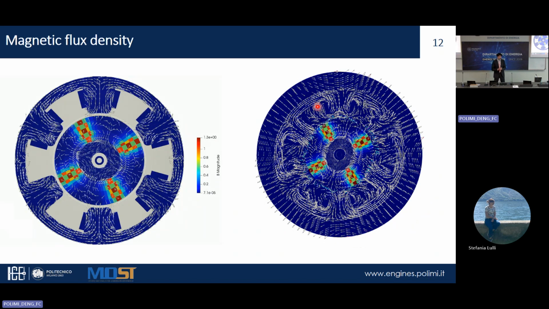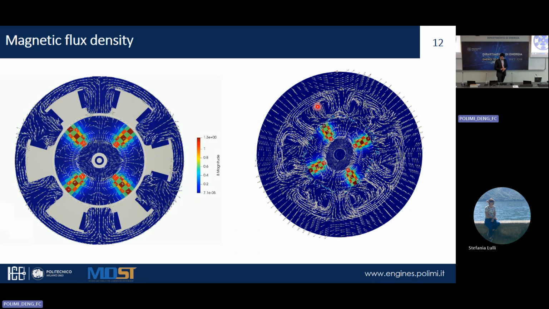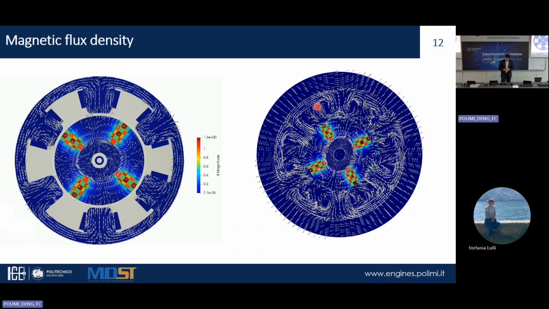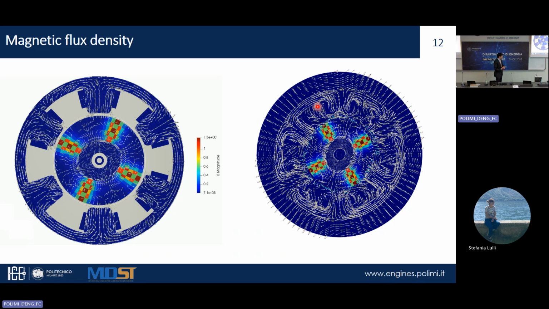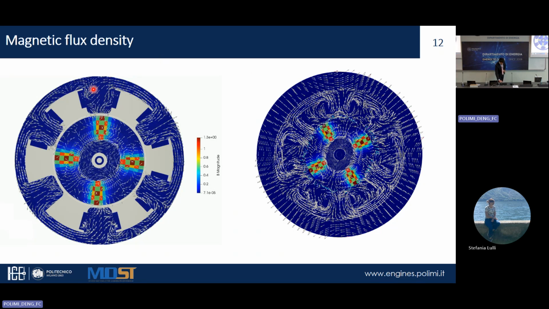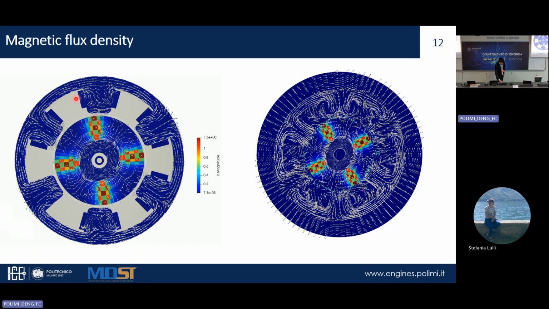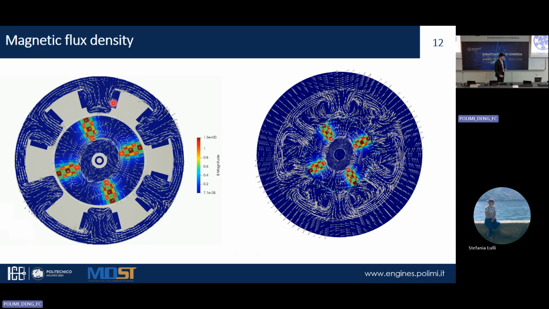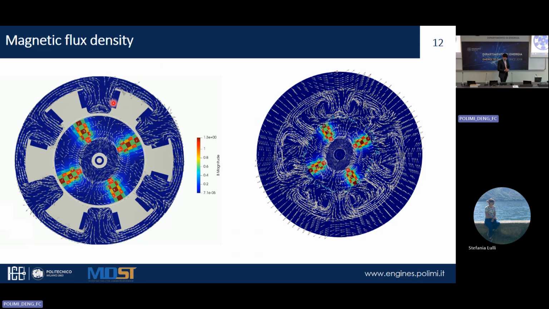Well, the mesh is moving correctly. This is an example of the magnetic flux density field that comes out from the existence of permanent magnets, and also from the windings that are generating a magnetic field.